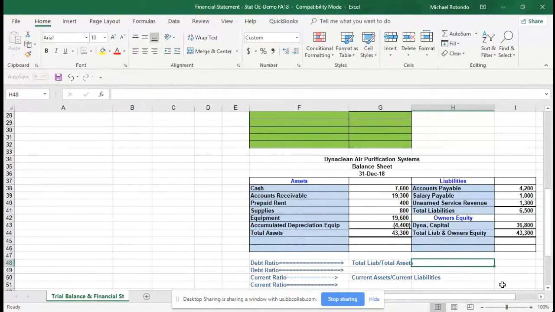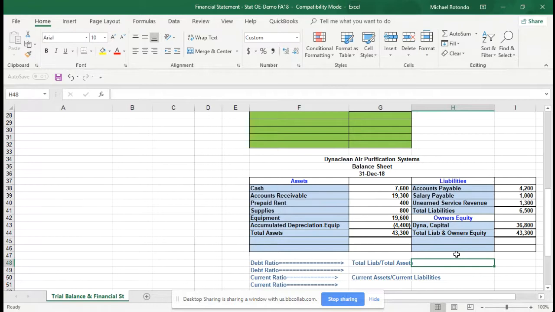Now, as there is with the other statements, there's ratios we can do to help us determine the financial condition of the company. One of them is the debt ratio. Okay, now the debt ratio looks at total liabilities divided by total assets. And the purpose of this is to determine how much of our assets are financed with debt. We can see, just looking at the numbers, it's a very small amount here.